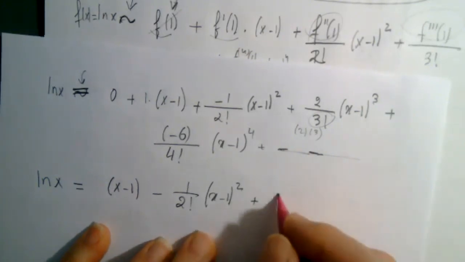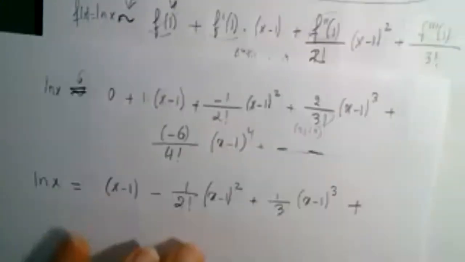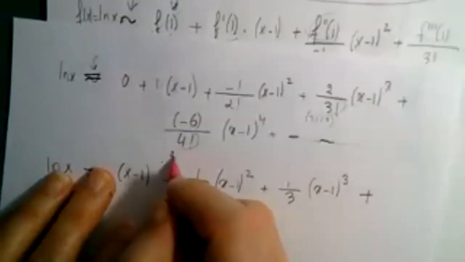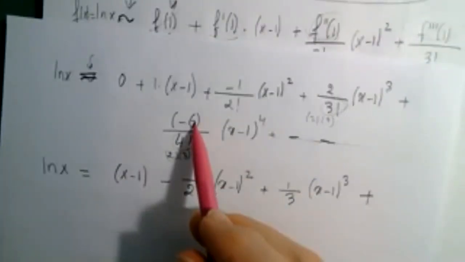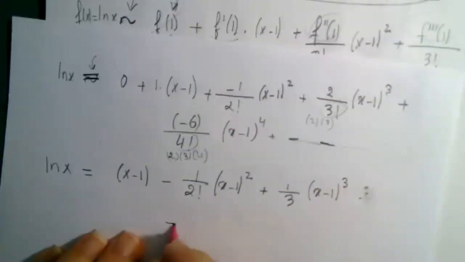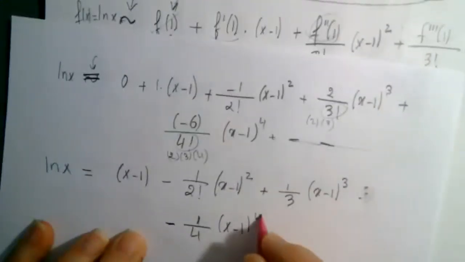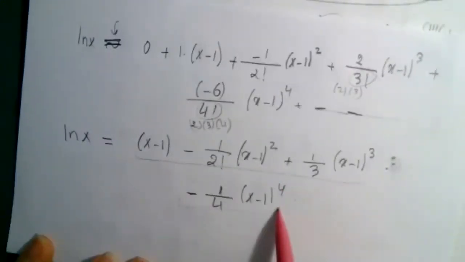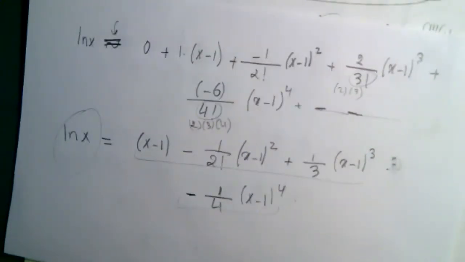So it's going to give me 1 over 3 times x minus 1 to the power 3, plus, 4 factorial is basically 2 times 3 times 4. 2 times 3 is 6, and the 6s cancel out. So I'm going to erase this plus here, and I'm going to get minus 1 over 4 times x minus 1 to the power 4. So this gives me the first non-zero terms of the Taylor series of the function ln of x at x equal to 1.